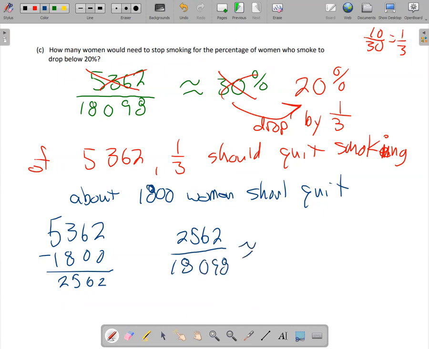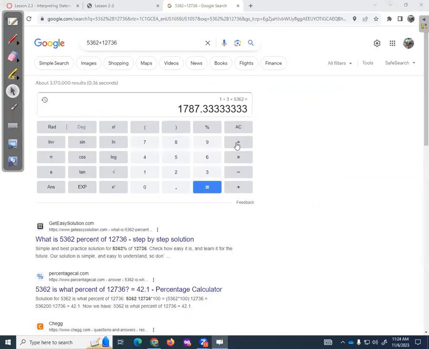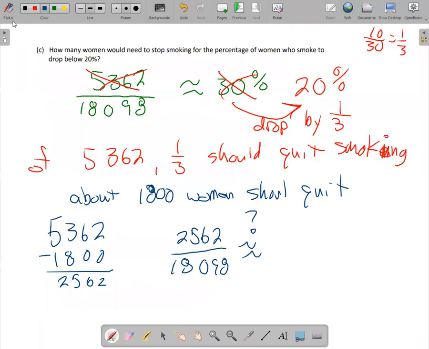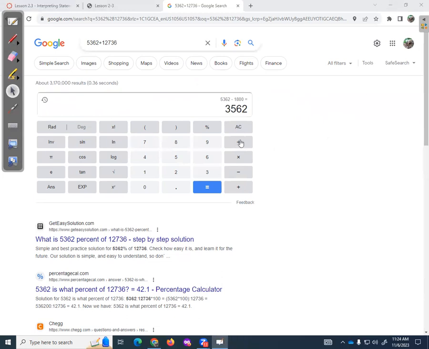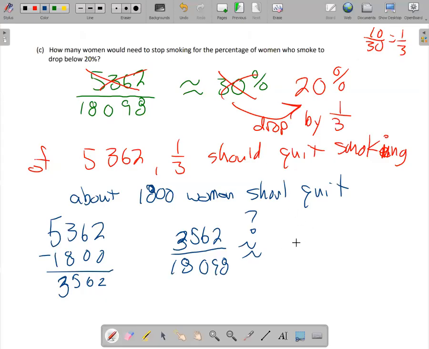I'm hoping it's about 20%. What happens if I divide that? That's pretty close to 20%. So that is about 20%.